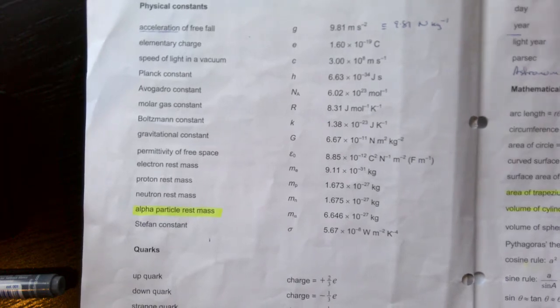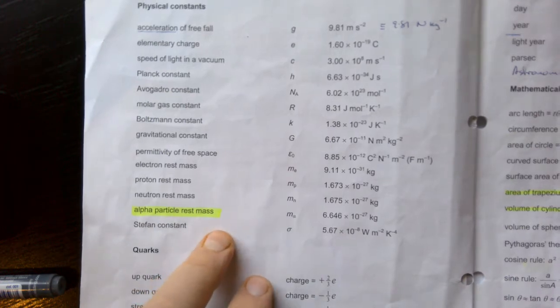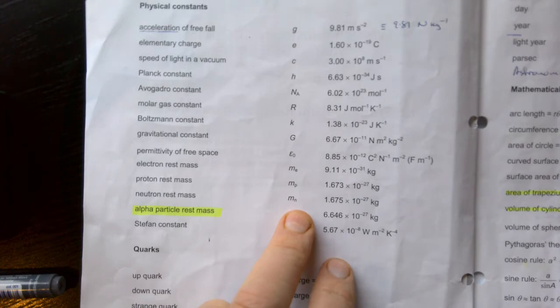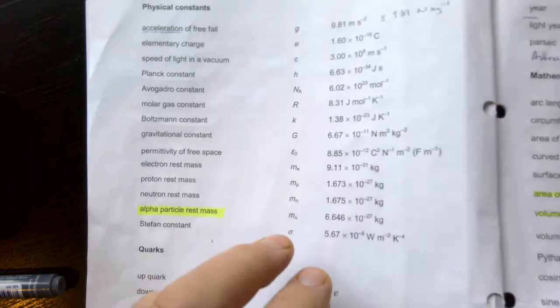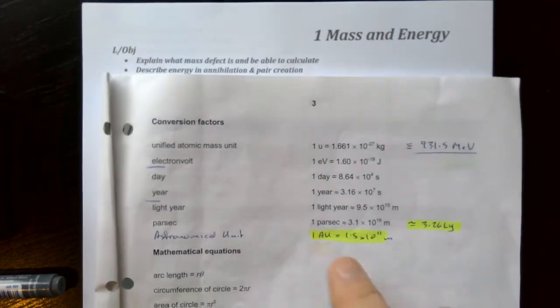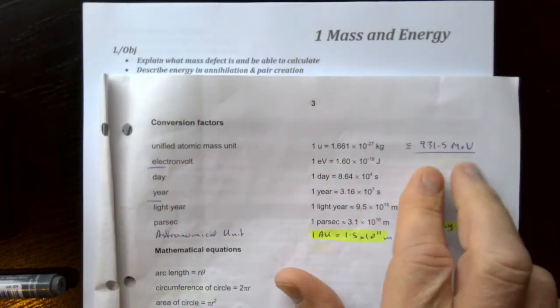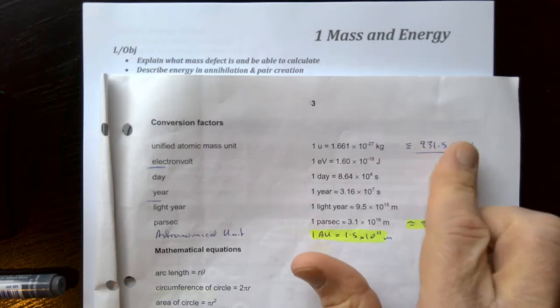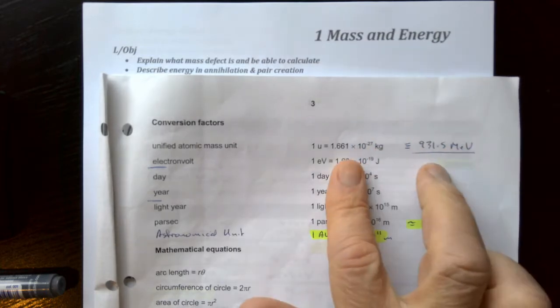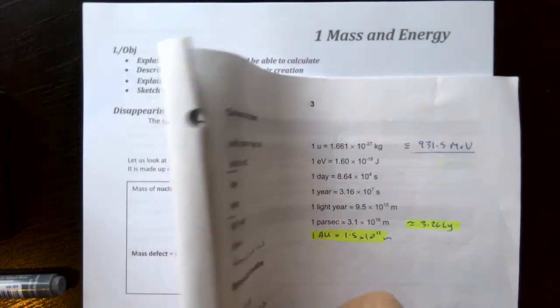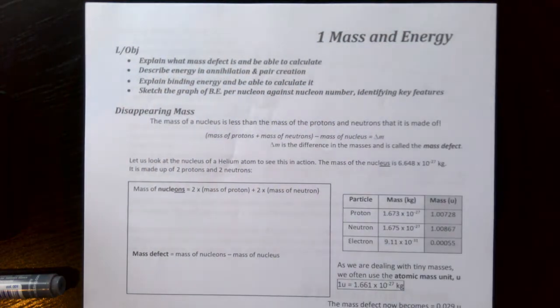They may give you values not in here. They may give you the values in terms of a more convenient unit, which is the unified mass unit. Conveniently it links in with energy, so some exam boards will use that as well, but for us we will just do the full proper version, which is E equals mc squared.